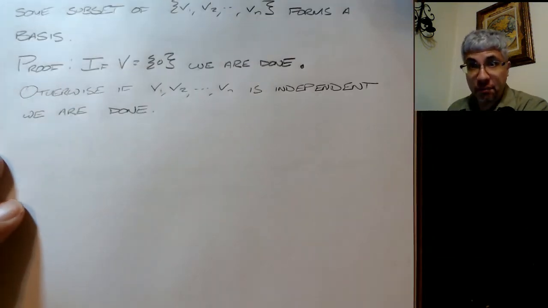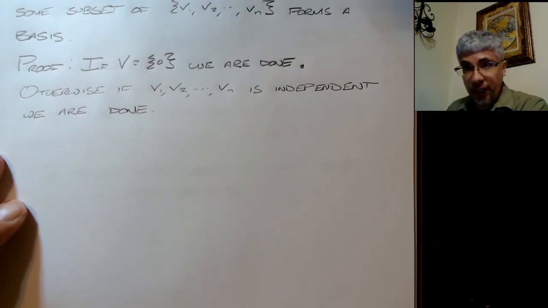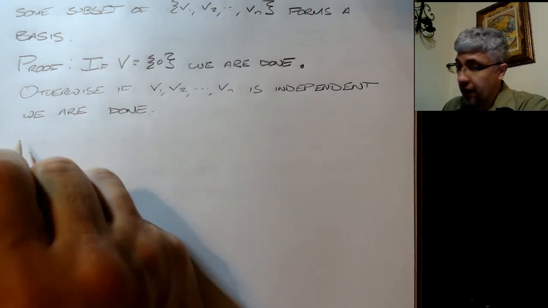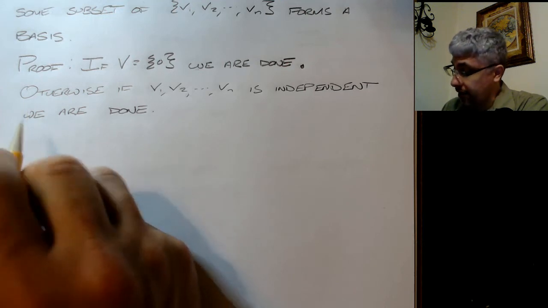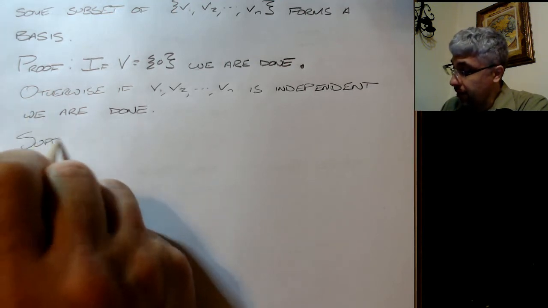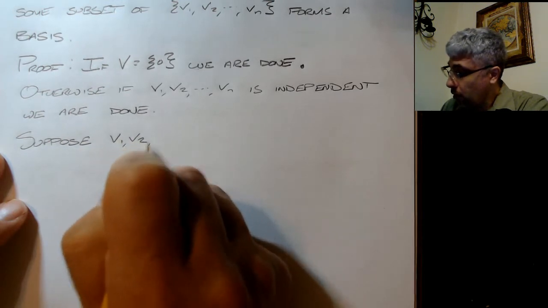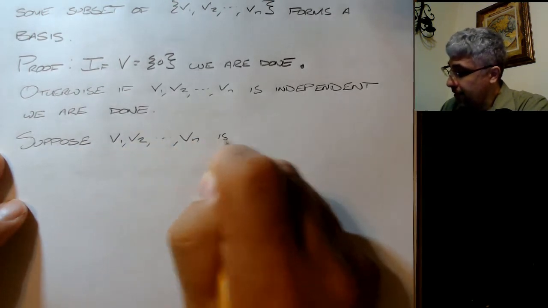Right? Because then we have a basis. So what do we have? We have the case where we have a vector space which is non-trivial, and it has vectors in it that are dependent. Okay, so what we're going to do now is we're going to do a process. So suppose the only other possibility, which is that this is dependent.